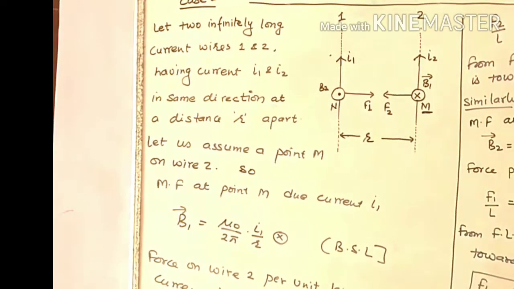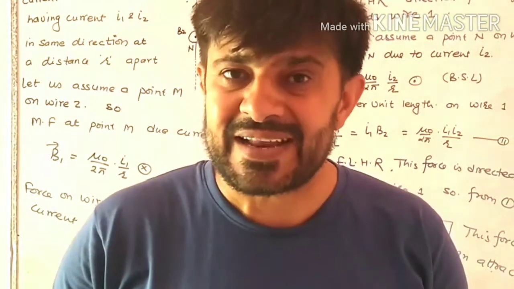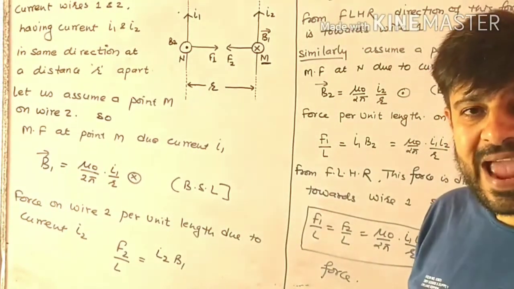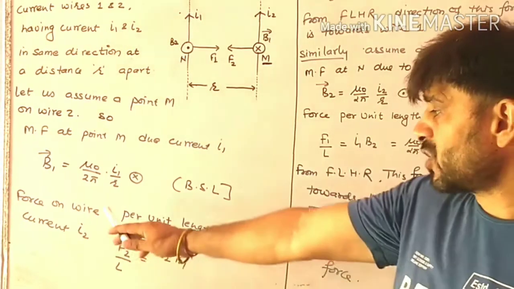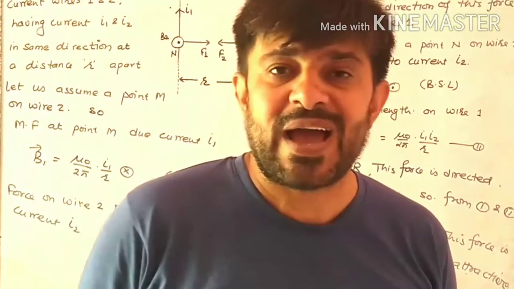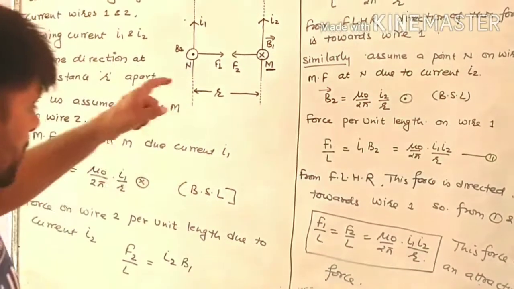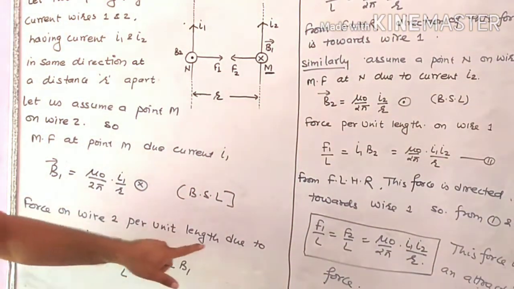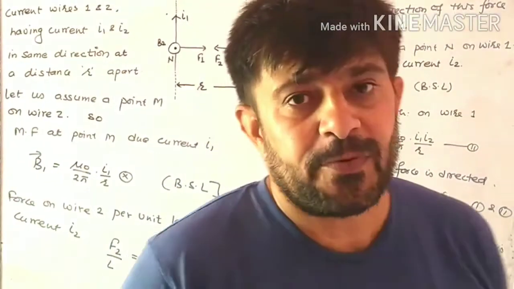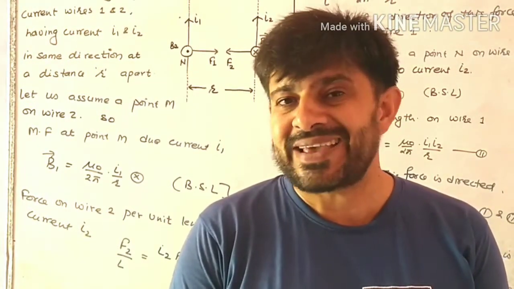Now, since on the location of wire 2, a magnetic field B1 is acting, and also this wire 2 has current I2, a force will be acting on this wire. Force on this wire will be calculated per unit length, because wire is of infinite length. Force on wire 2 per unit length due to current I2 is F2 upon L, because we know on a current carrying wire, force was given by I B L sin theta.